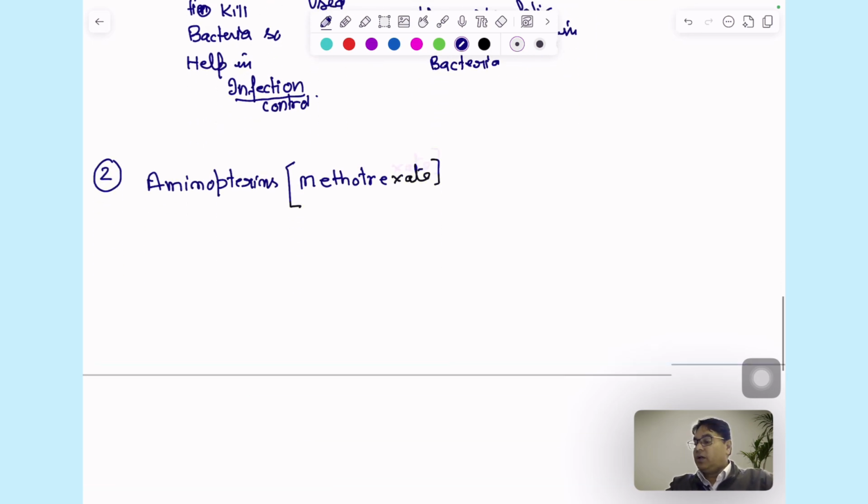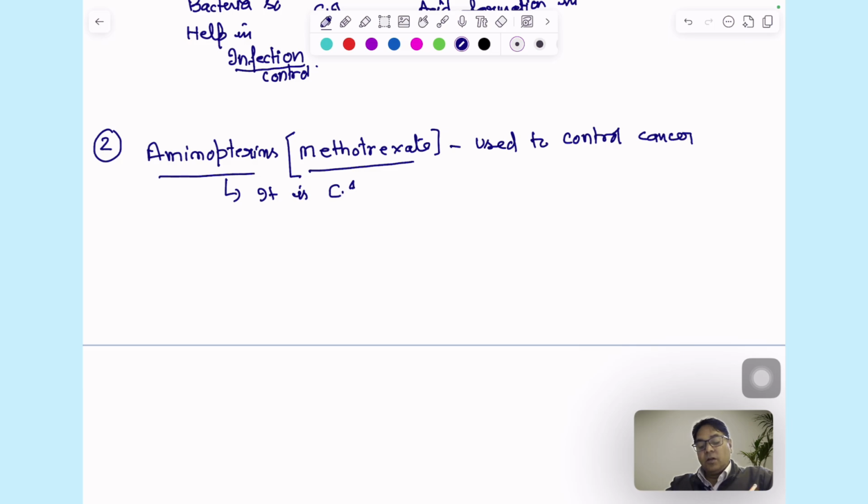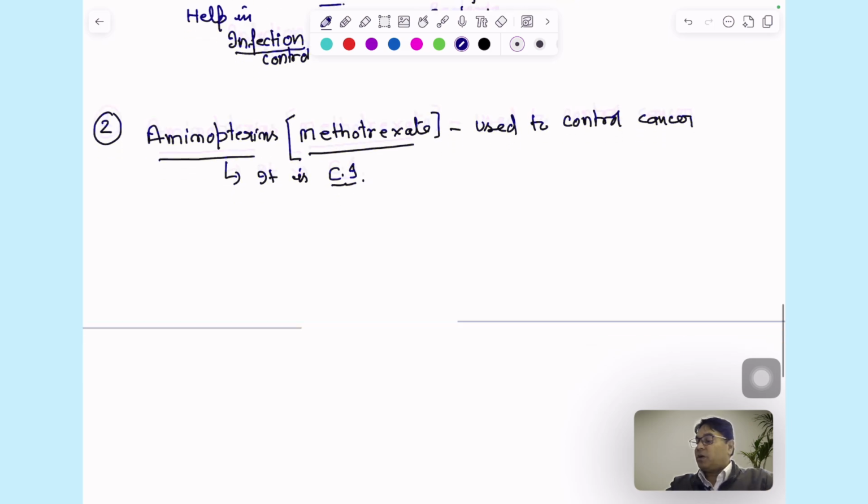Now what does this do? It is used to control cancer. This aminopterin, or methotrexate, is a competitive inhibitor.